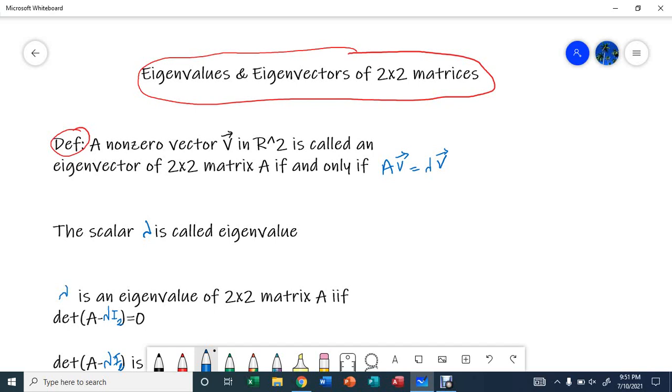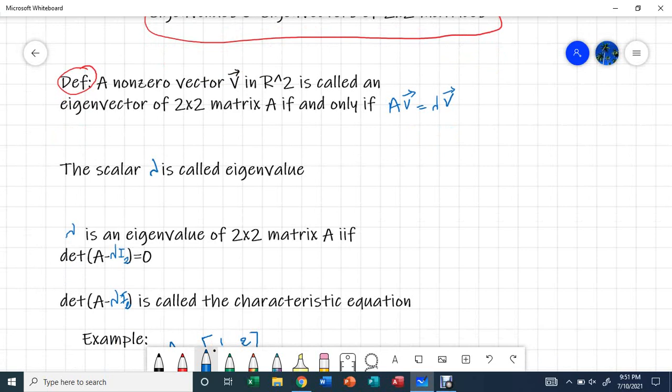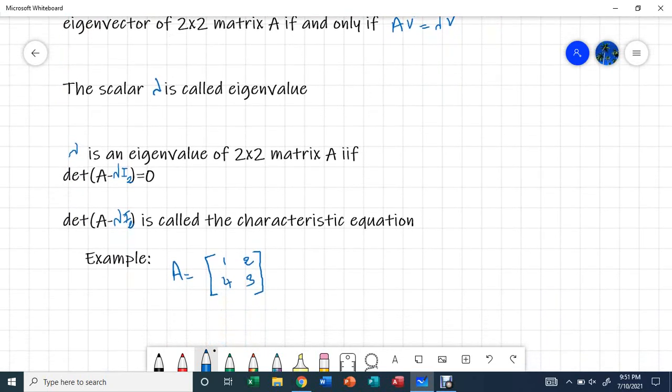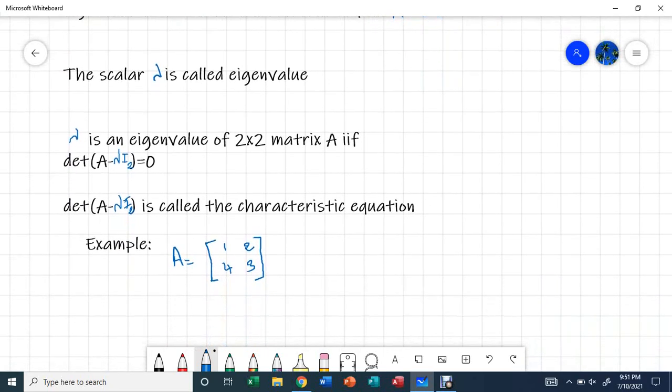and lambda is an eigenvalue of a 2 by 2 matrix A if and only if the determinant of A minus lambda I2 equals 0. I2 is the identity matrix, and we're going to apply this definition in a concrete example in a bit.